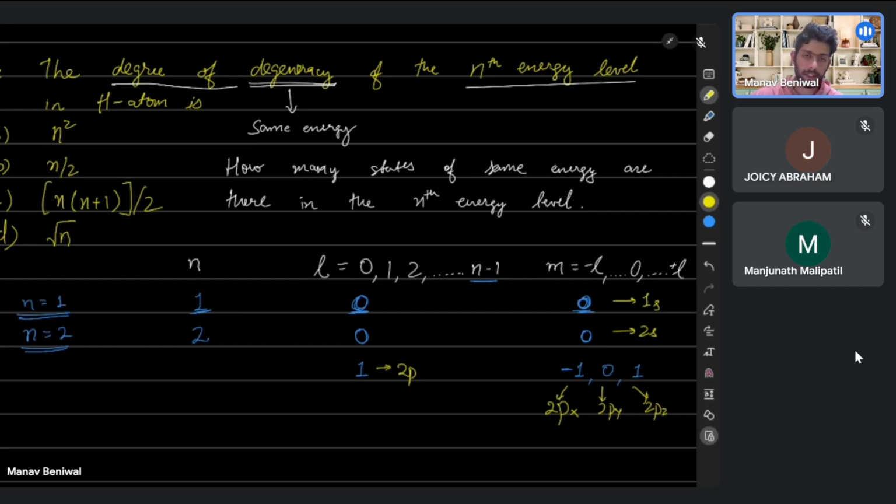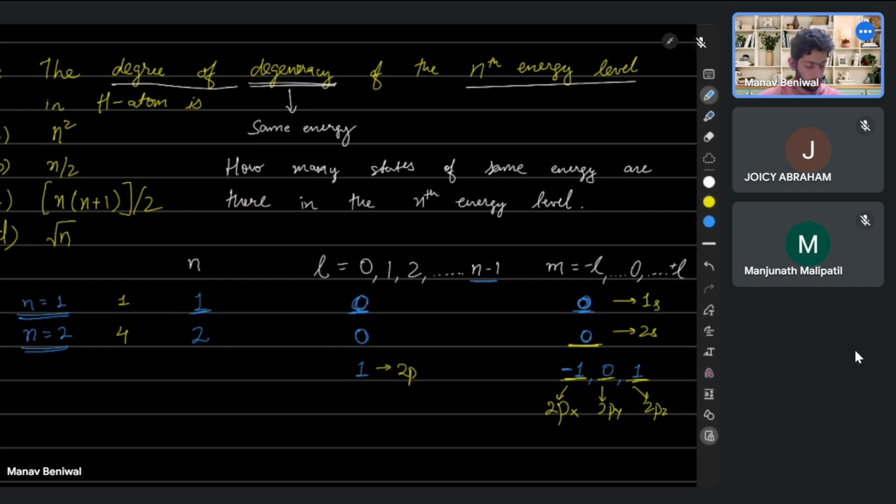So how many states are there for n equal to 2? So we have, this is 1, and then this is 2, 3, 4. So we have total 4 states. Okay? So when n is 1, our states are 1. When n is 2, we have now 4 states.